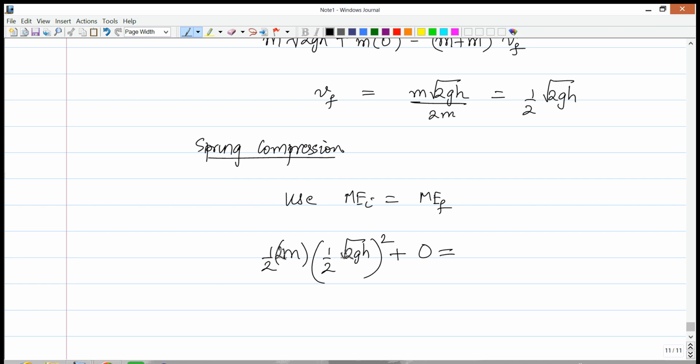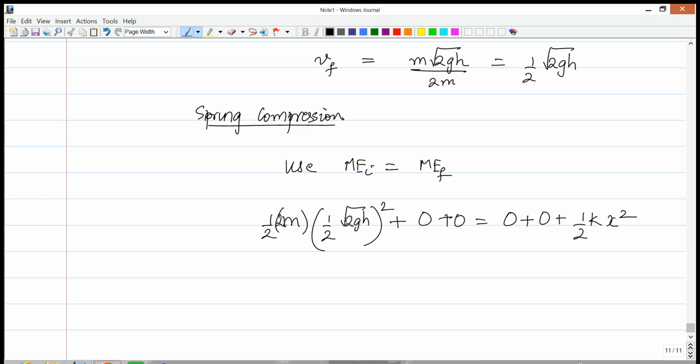We don't have to worry about that now, but let's just make a note of that anyway. So it is this 0 plus 0, and this is equal to the kinetic for the mass is 0, the potential for the mass is 0 at maximum compression, and all the energy is stored in the form of the spring's potential energy. Okay, so this is what you get.